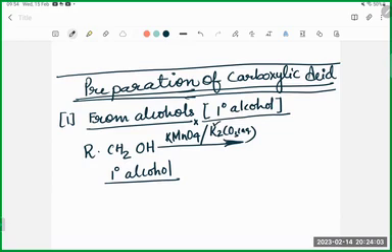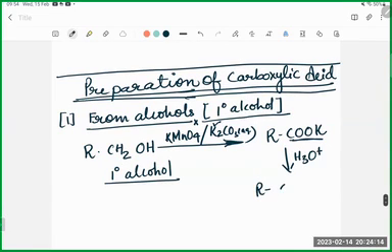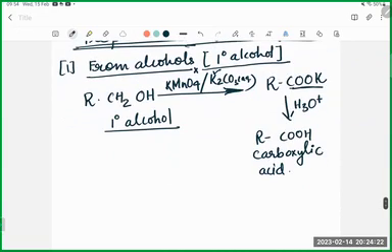If we are taking potassium carbonate, then it will produce directly RCOOK. Then RCOOK can be acid hydrolyzed and can produce a compound called carboxylic acid. We get the carboxylic acid. Is this clear, Hridaya? Yes, ma'am. Very simple reaction.